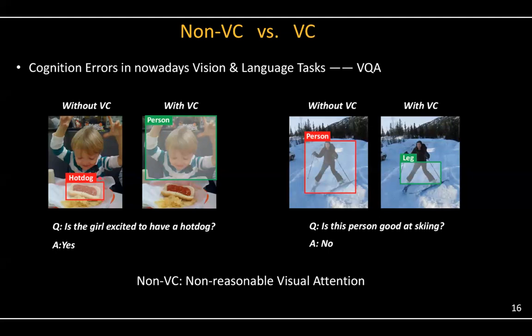With the visual commonsense, we know that we should also focus on the person to give the answer, because it's the girl excited to have a hot dog. The focus should be the girl.